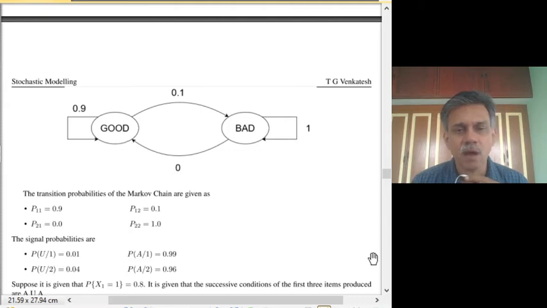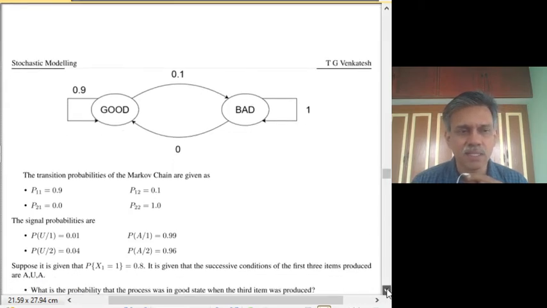So these are given to us, in the sense that by modeling the behavior of the machine, these probabilities are arrived at using the domain knowledge of the machinery.